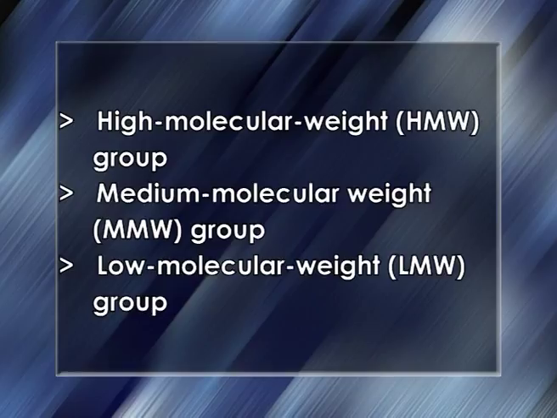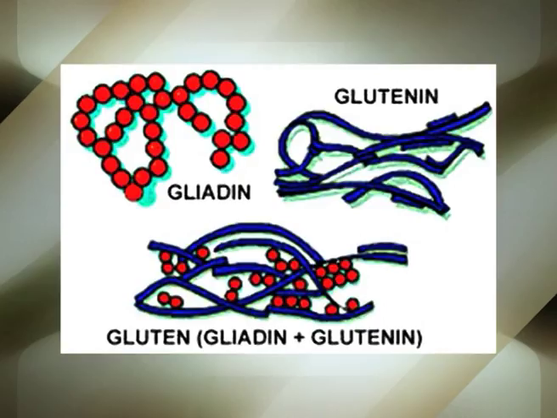Based on homologous sequence and similar molecular weights, they can be divided into three groups. First, the high molecular weight group, second, the medium molecular weight group, and third, the low molecular weight group. Shewry and colleagues proposed an alternative classification in 1986 that reflects biological, chemical and genetic relationships among component polypeptides of the gluten complex.